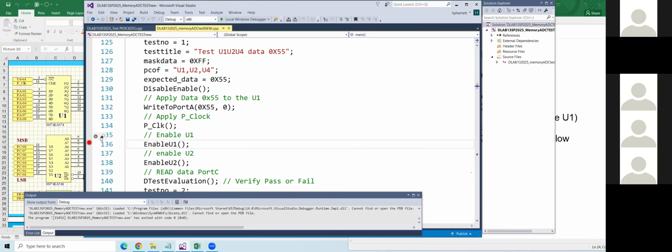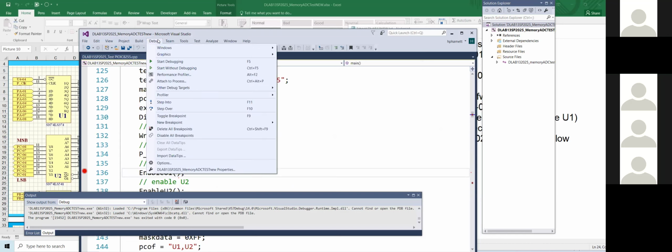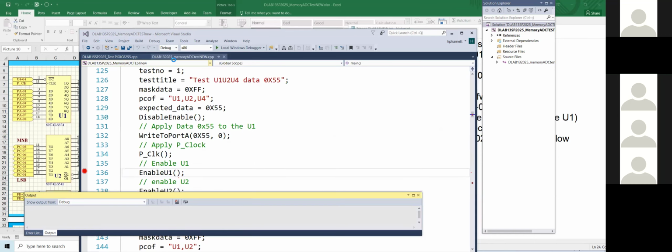Then when you run, you have to get the bug stack debugging.